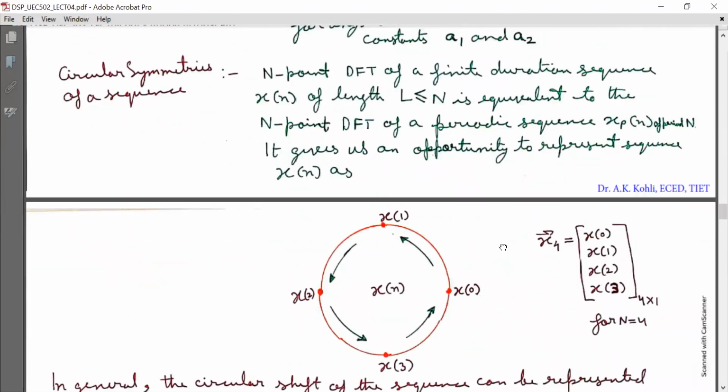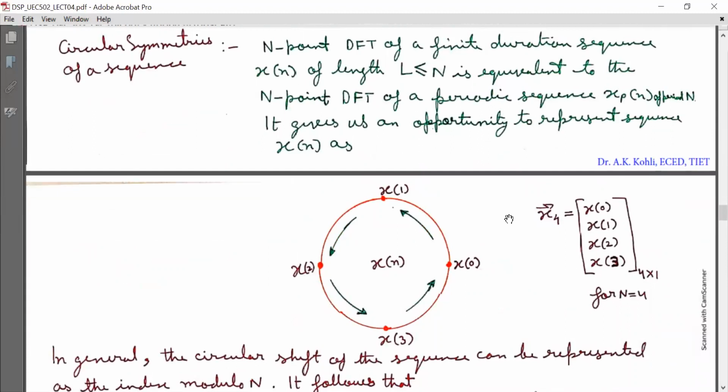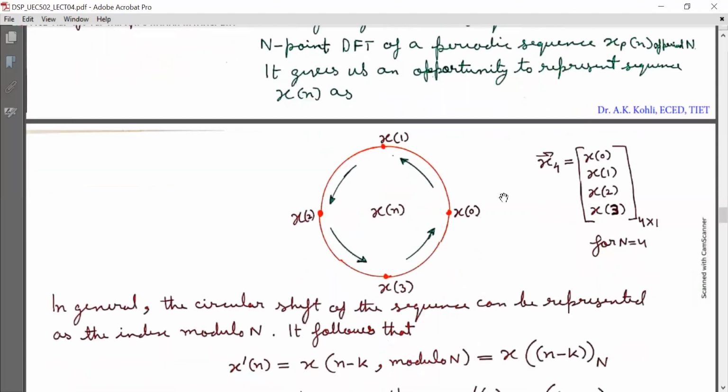The most important property is circular symmetry of a sequence. The N-point DFT of a finite duration sequence x[n] of length L less than or equal to N is equivalent to the N-point DFT of a periodic sequence xp[n] of period N. It gives us an opportunity to represent the sequence x[n] in a circular fashion.